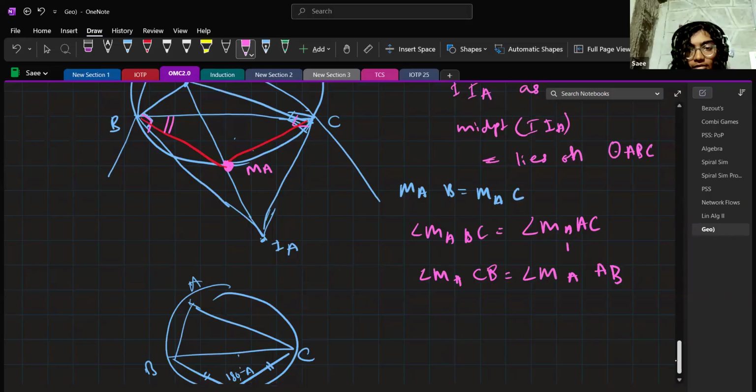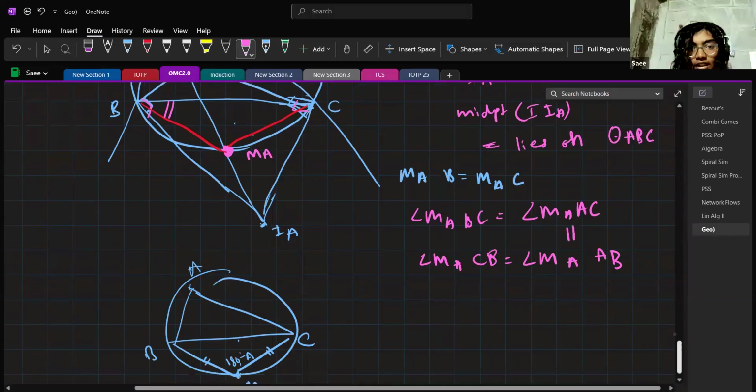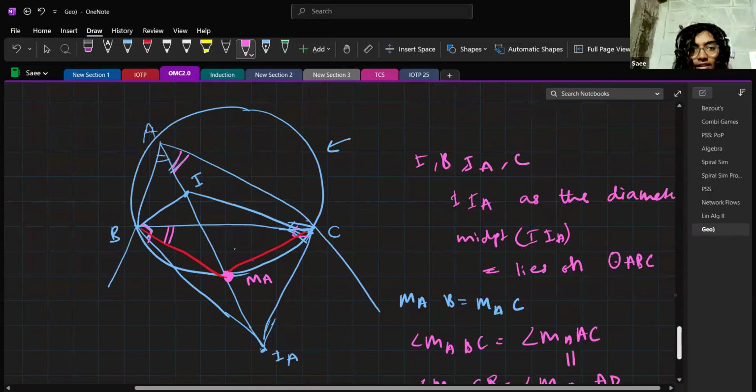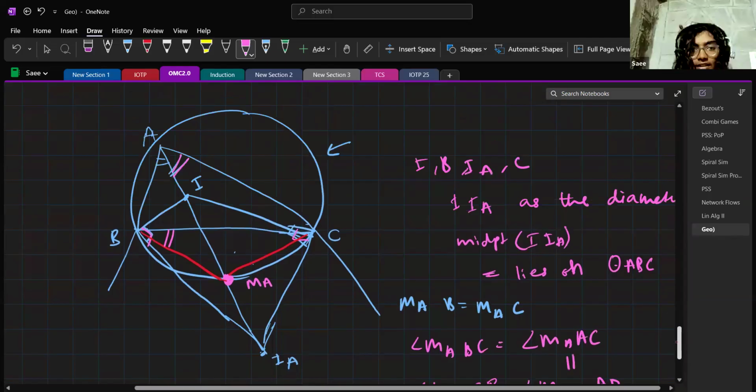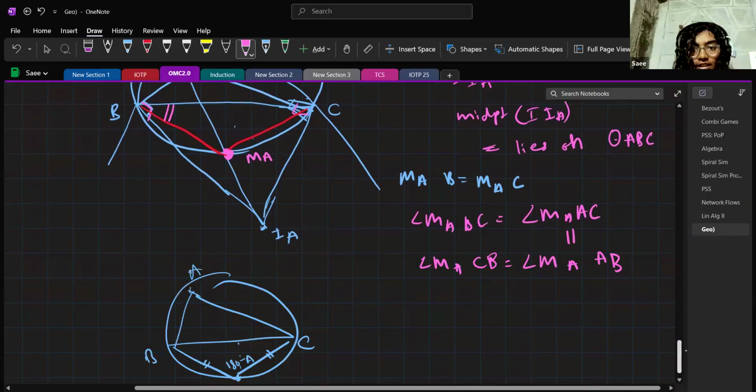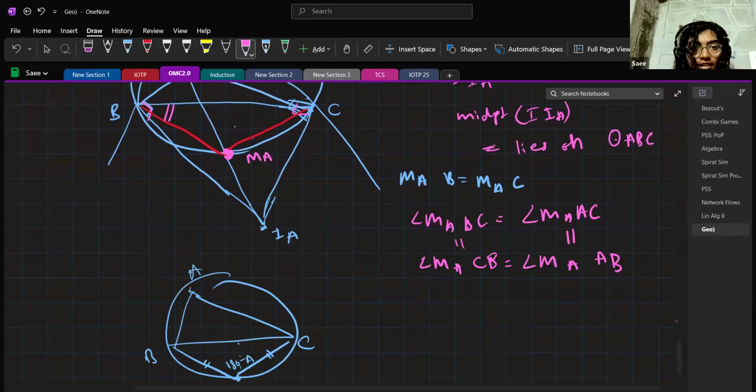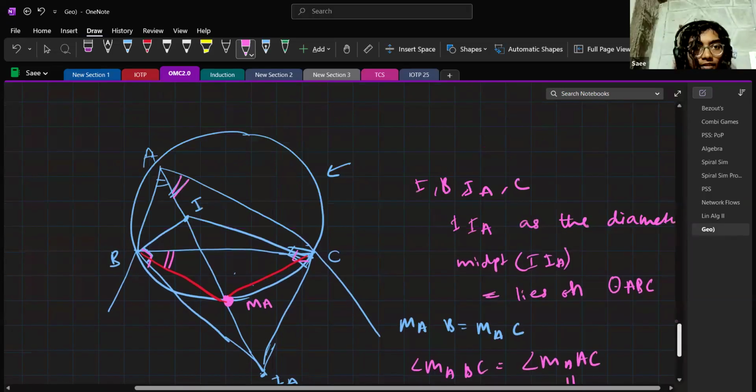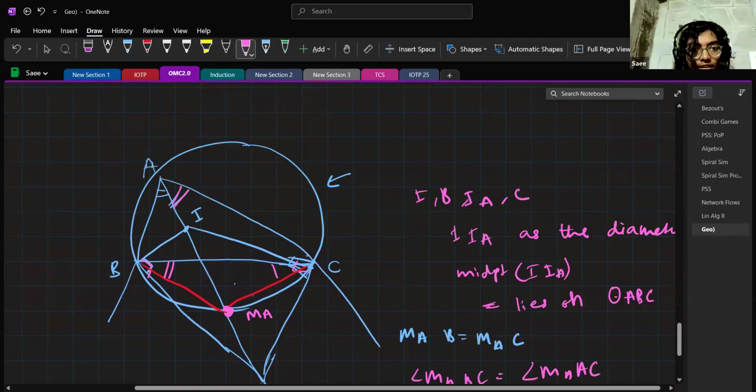But these two are equal by definition because MA lies on the angle bisector. So these two must also be equal, which tells us that this is an isosceles triangle. So now we know that these two are equal.